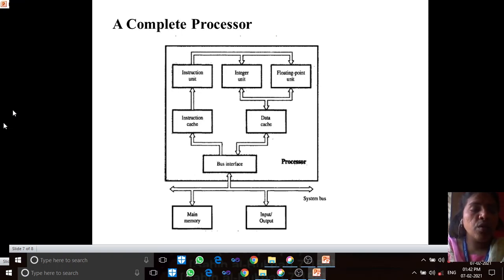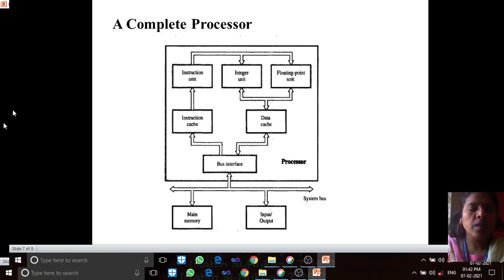The 80486 processor has an 8K byte single cache for both instruction and data, whereas the Pentium processor has two separate 8K byte caches. So depending on the design, the cache memory can always be upgraded.